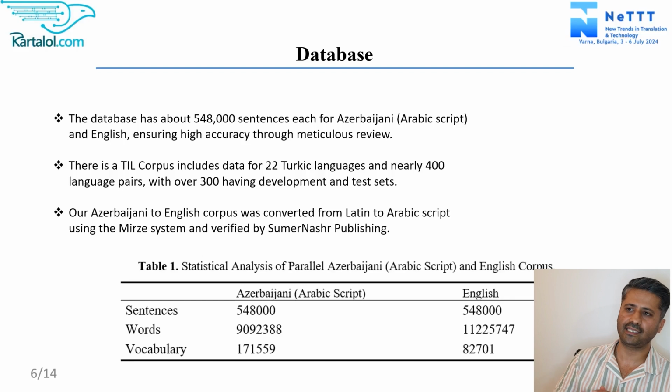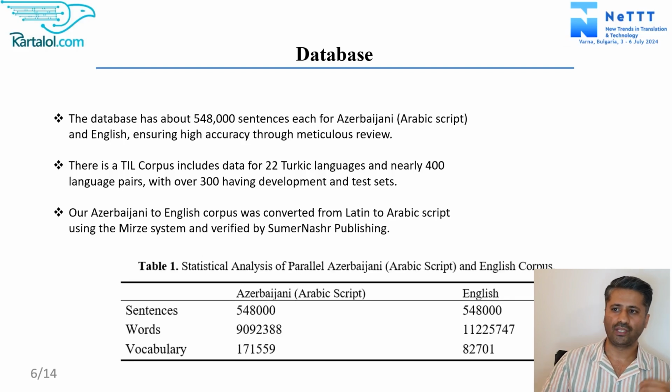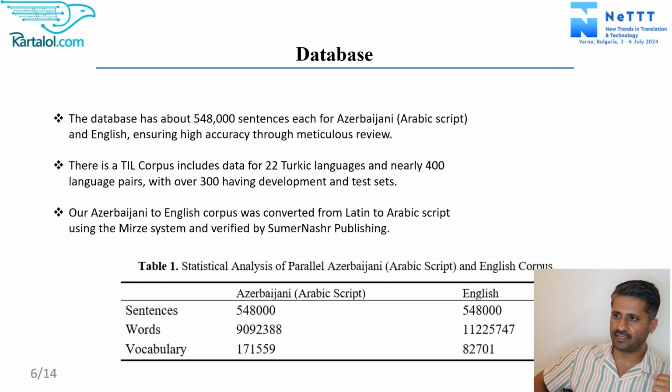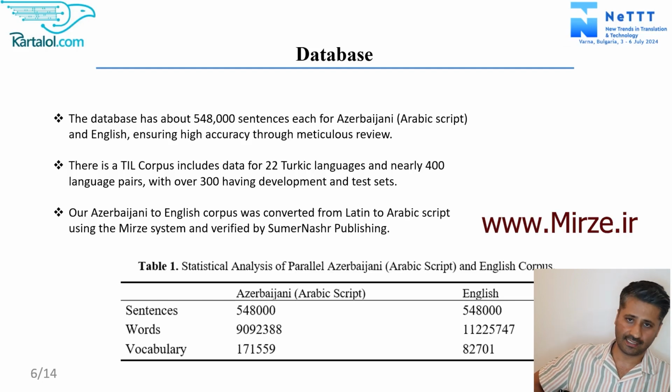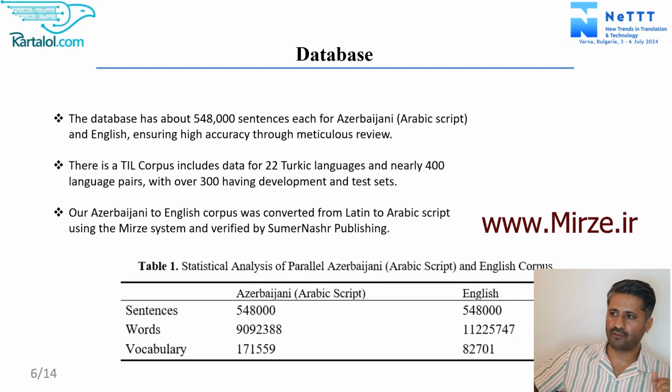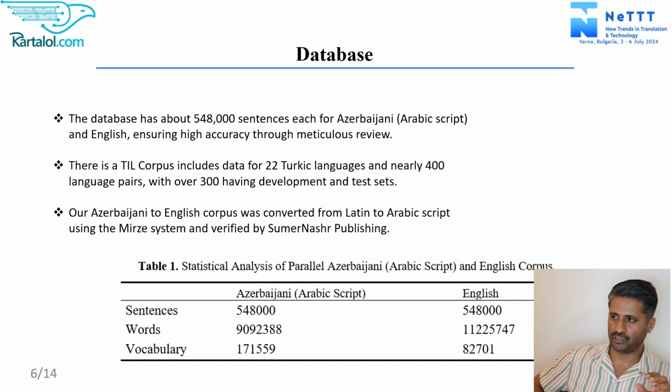Additionally, there is a TIL corpus that includes data for 22 Turkic languages and nearly 400 language pairs, with over 300 having development and test sets. Our Azerbaijani to English corpus was initially in Latin script and then converted to the Arabic script using Mirza's system. This conversion was verified by Sumer Nash publishers. So thanks to them, they helped us a lot.